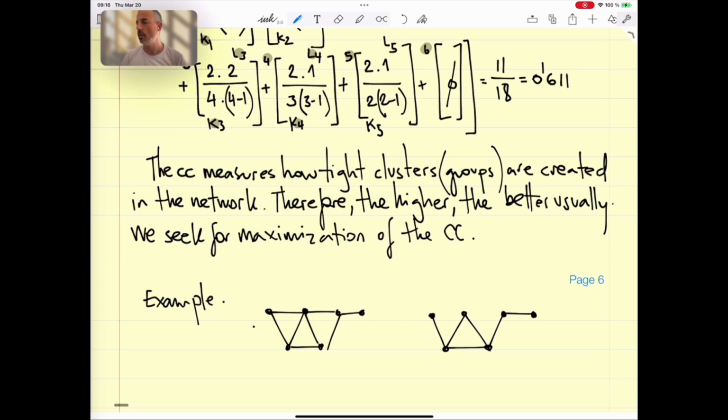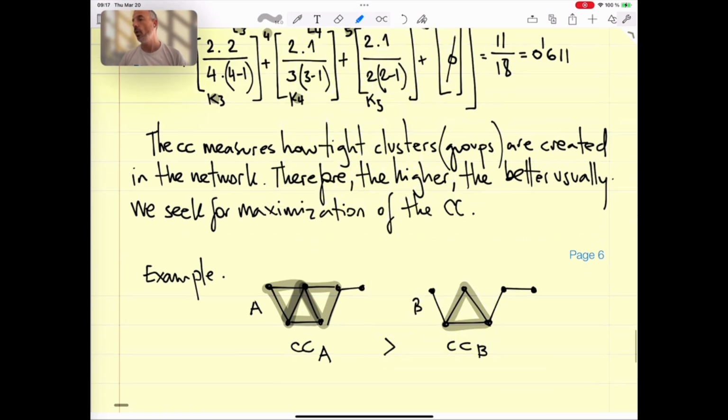Okay, so this is A and this is B. So the clustering coefficient from A is going to be bigger than the clustering coefficient from B. Why do I know it so fast? Because here we have 1, 2, 3 triangles, and here only one triangle. Clustering coefficient also measures the number of triangles you make in a network. Okay, so it's your rule of thumb.